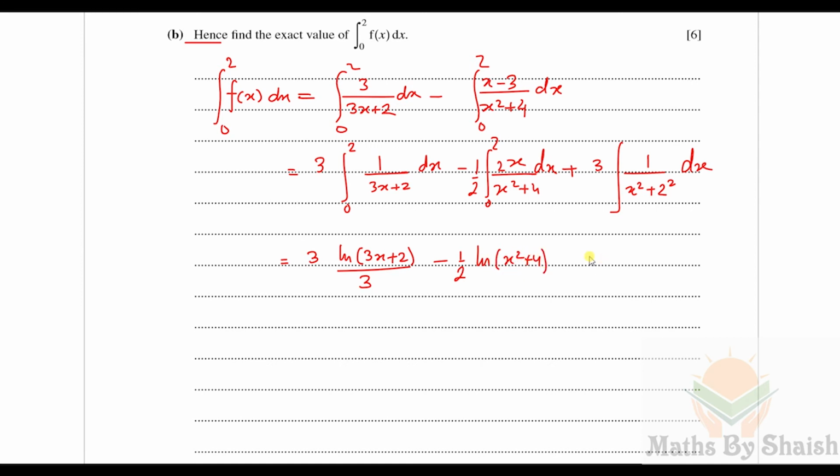And here it is 1 upon a, x square plus a square, that is tan inverse, so it becomes 3 into 1 upon 2 tan inverse of x upon 2.